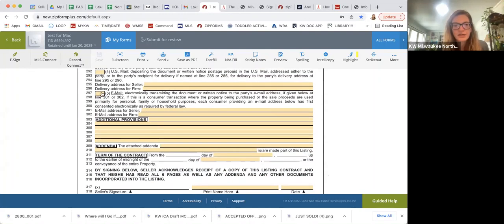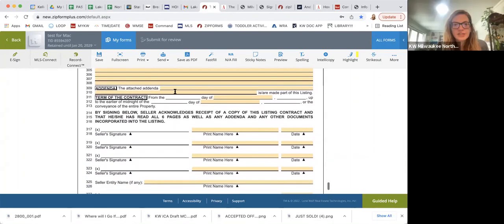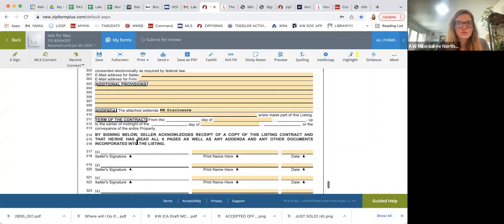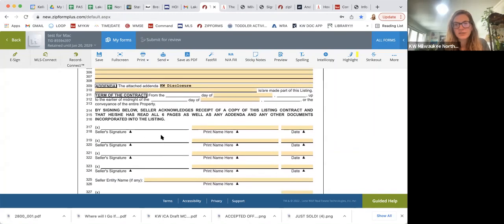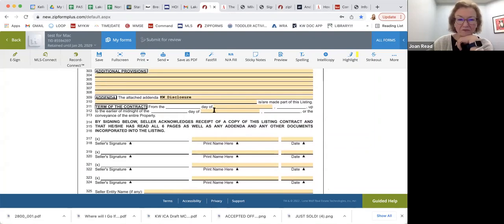If it's email, then 9.9 times out of 10, you're going to put the seller's email address there and then your email address for the firm. Any attached addenda, you could put the KW disclosure here, and otherwise, like the real estate condition report or addendum S that will be attached to the offer.